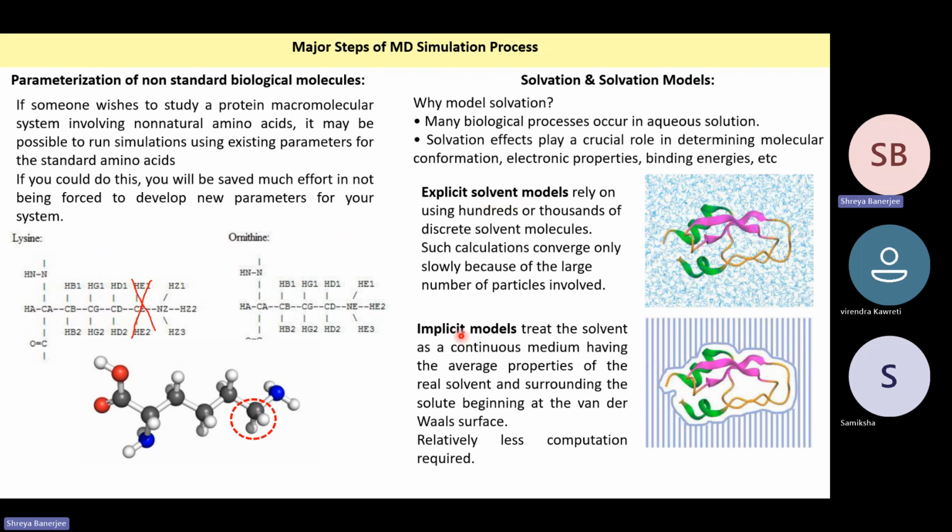And the implicit solvent model is where, instead of treating the solvent like individual molecules, you treat the solvent as a continuous medium having the average properties of the overall solvent, surrounding the protein as a whole. You imagine the protein as a single molecule with a van der Waals radius around it, and around that radius there is a continuous medium of the solvent.